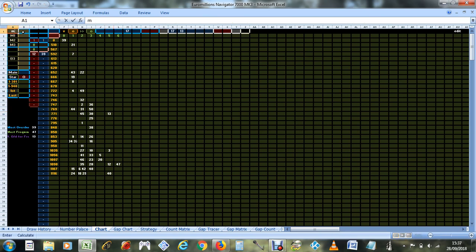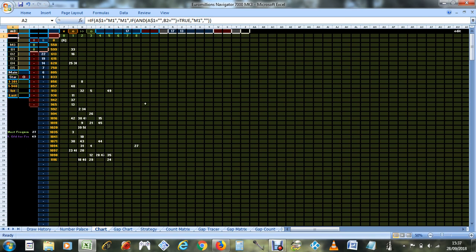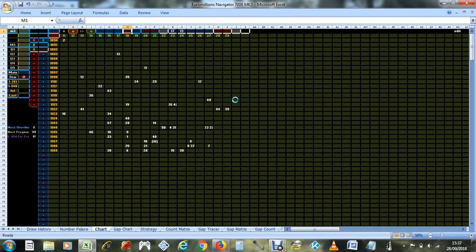And when we look at machine three, not one of the most outstanding for machine three, but definitely for set of balls three. So 13 and 17 looking very good together.